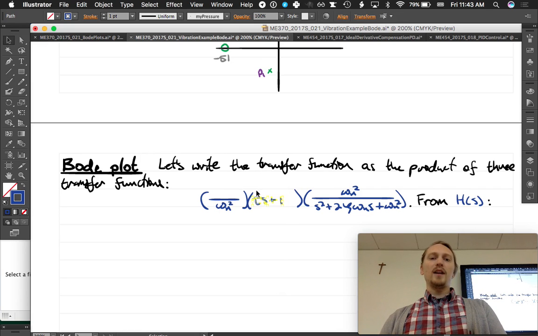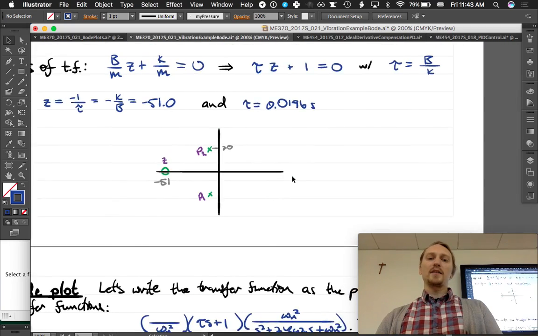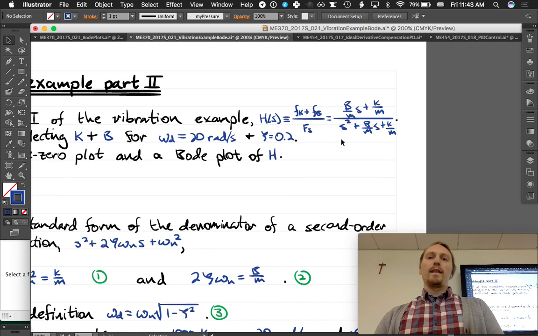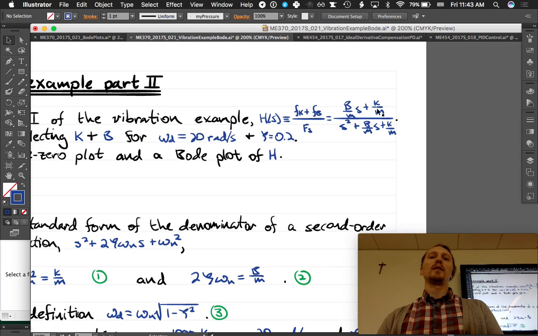If we're going to get tau s plus 1 there, we might need to factor something out of the numerator to make that happen. We have to essentially divide this whole term by k over m, right? Because this term has to be 1. We have to make this term 1.